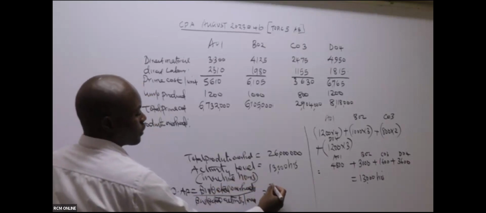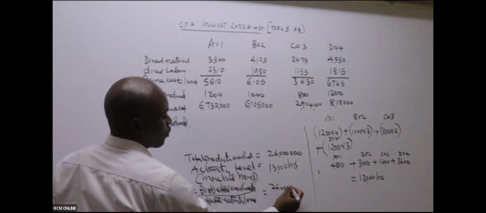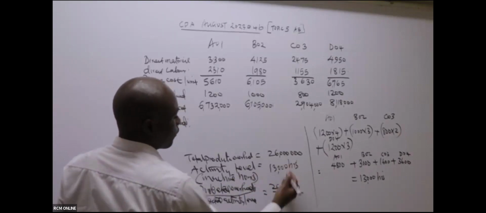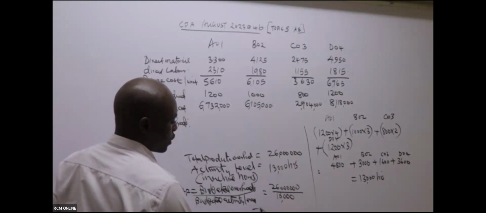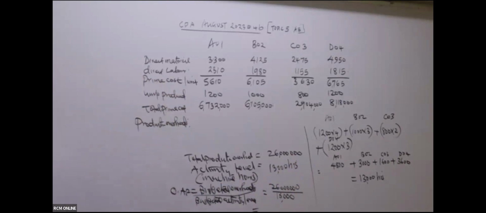Our budgeted overhead is 26 million divided by budgeted activity level, which is 13,000 machine hours. So what is our overhead absorption rate?